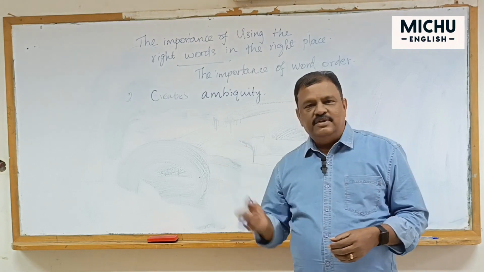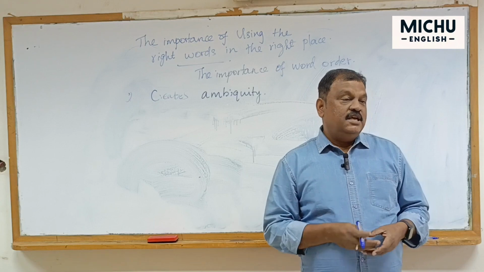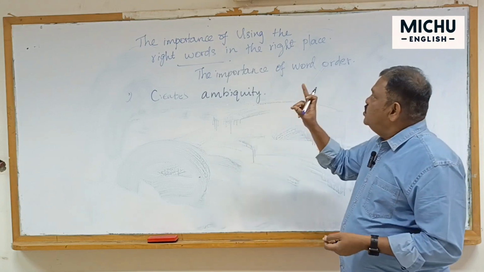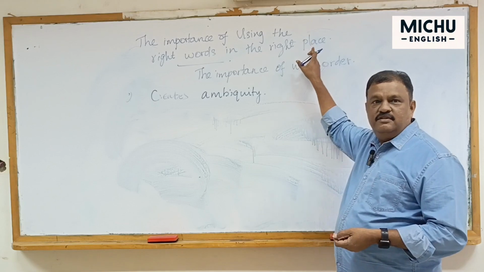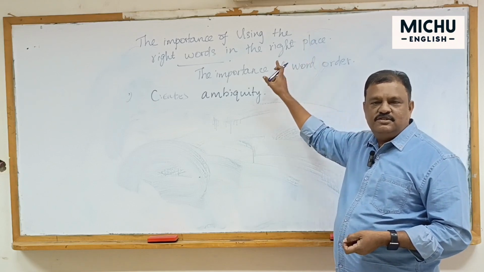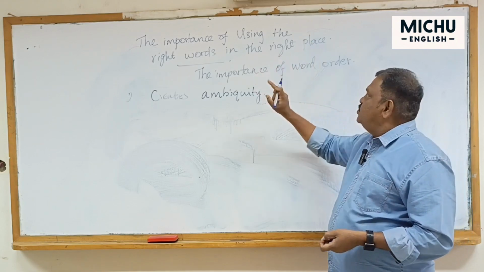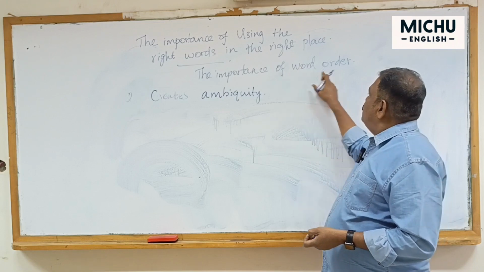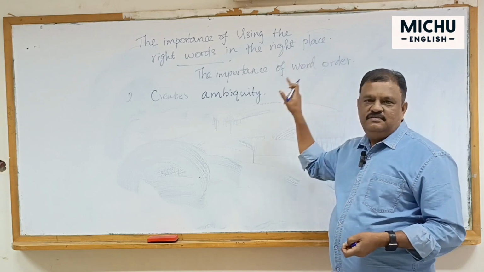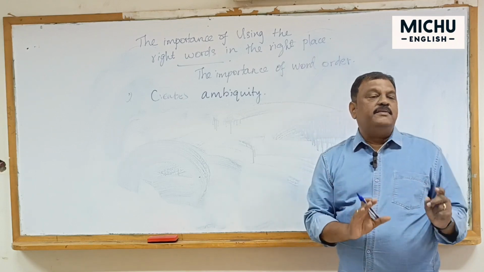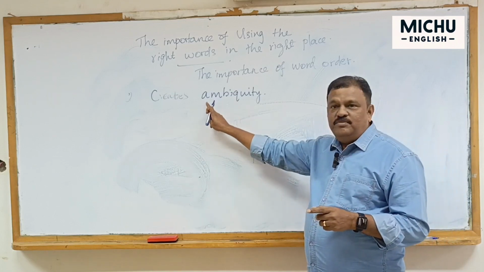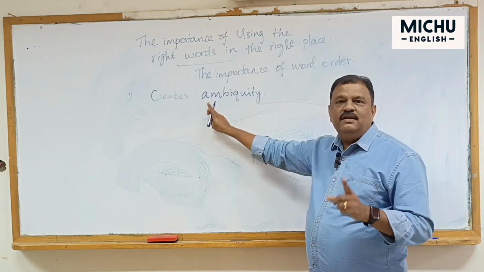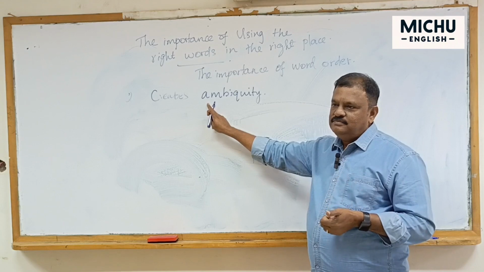I'm going to give you some examples for this. Friends, if you do not know to use the right words in the right places in your sentences, if you do not know the word order to arrange the words in the right place in your sentence, then this problem also will likely take place.